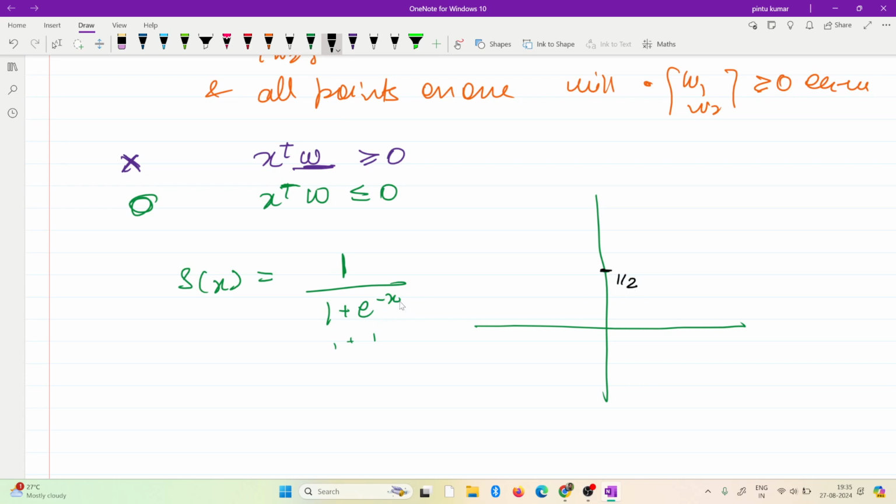Now as x tends to infinity, this exponential value would become 0, so your value would tend towards 1. And if x tends to minus infinity, this value would become larger and larger, and your value will tend towards 0, right? So you have a curve something like this, an S-shaped curve, for this sigmoid function.